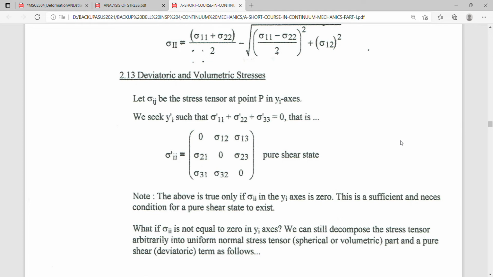a system of coordinates y prime i such that the sum of the diagonal components of the matrix, whether it be a principal stress matrix or not, is assumed to be zero.